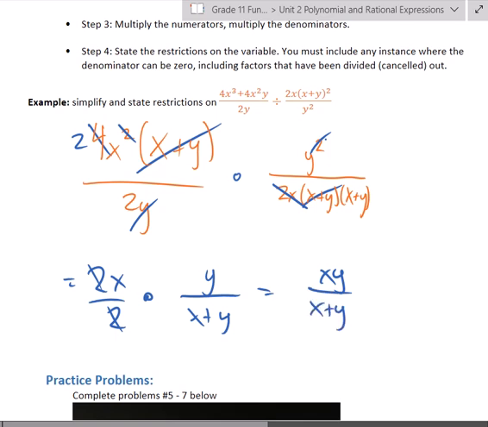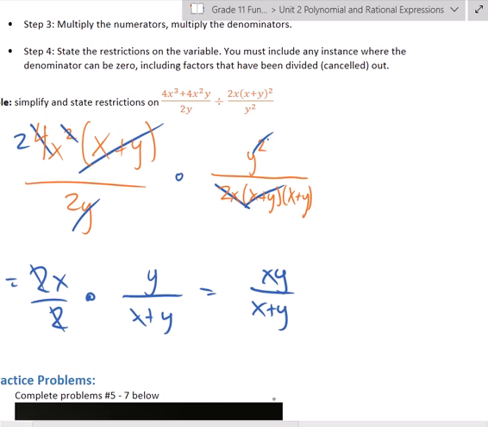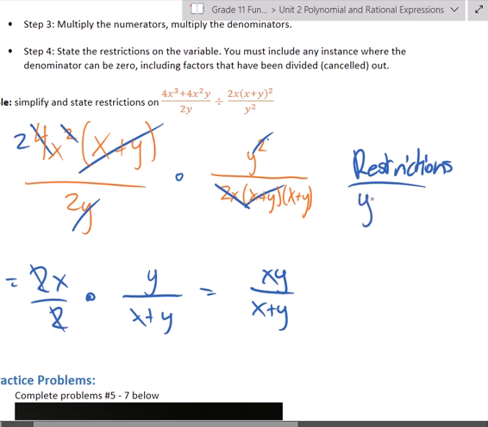So as we work with these restrictions, it's a little bit different here. We have to work with a different kind of algebraic expression here. So our restrictions from the beginning, we have y in our denominator, so y cannot equal 0. When we have our reciprocals, we could potentially encounter x equal to 0.